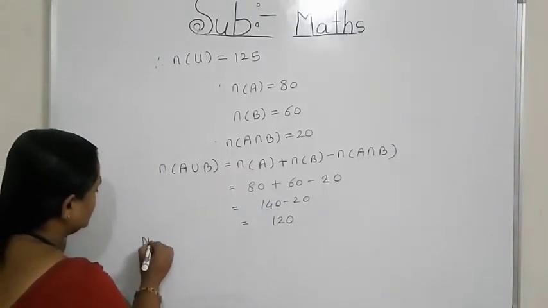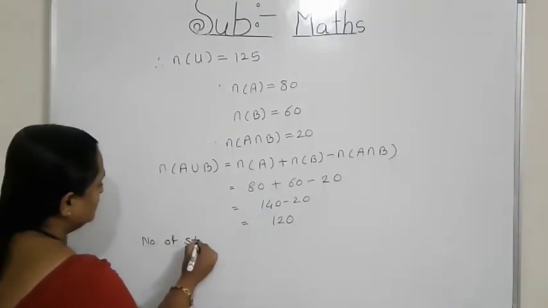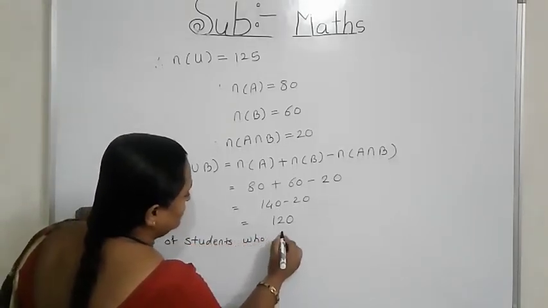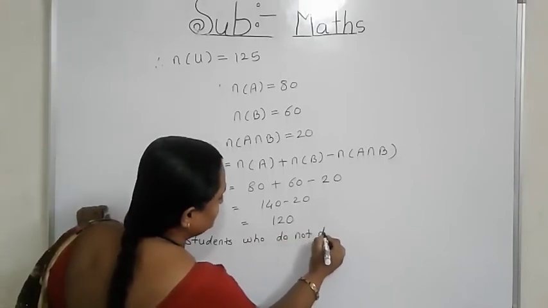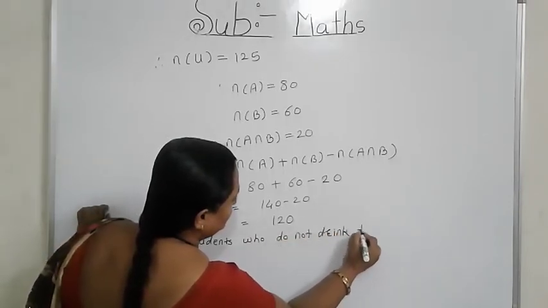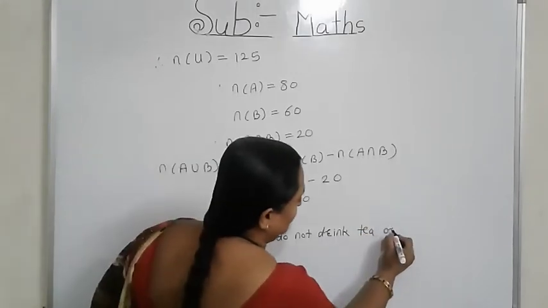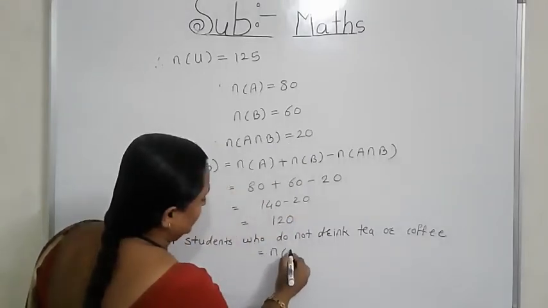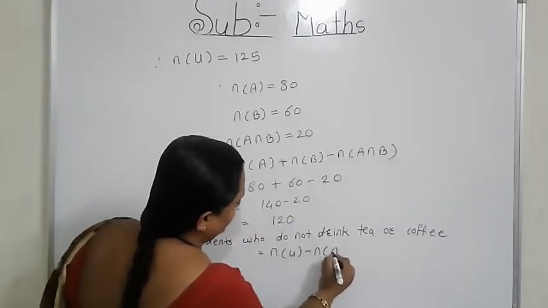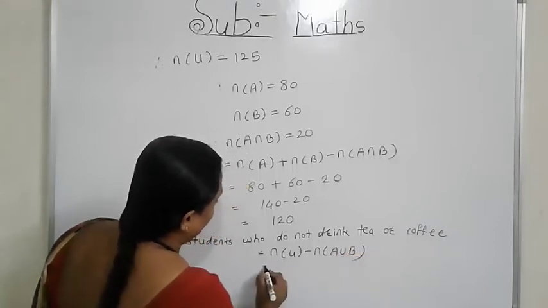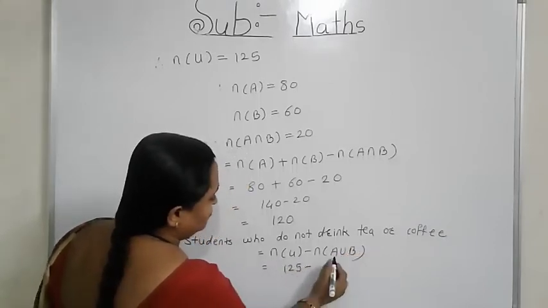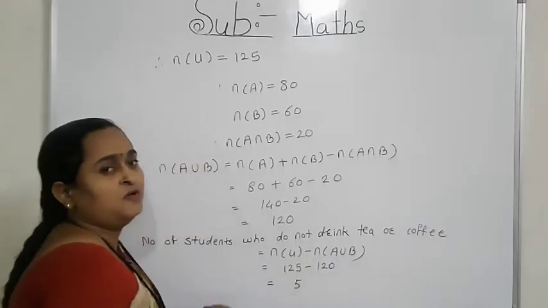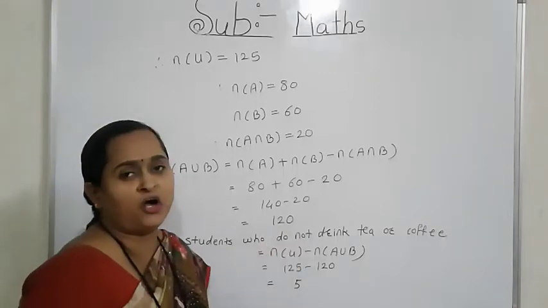Then the number of students who do not drink tea or coffee is equal to n of U minus n of A union B. Now n of U is 125 minus n of A union B is 120, means 5 students are there. 5 students do not drink tea or coffee.